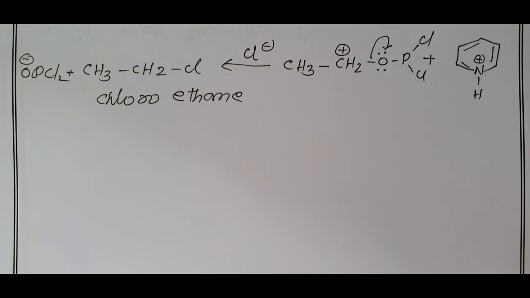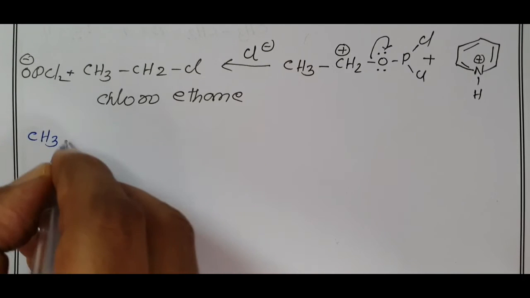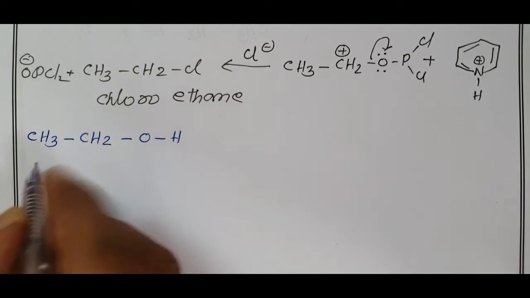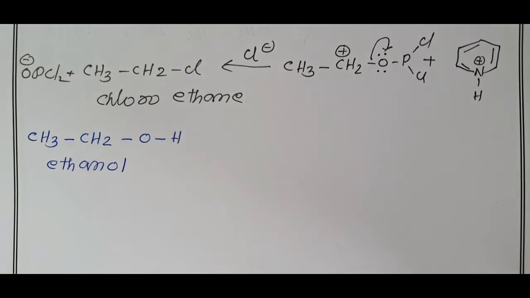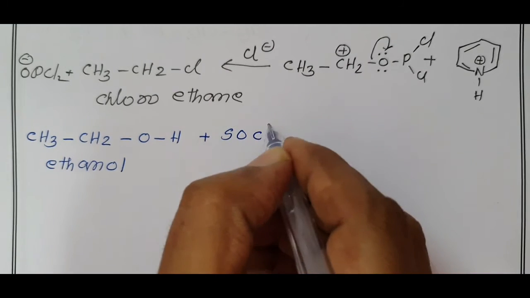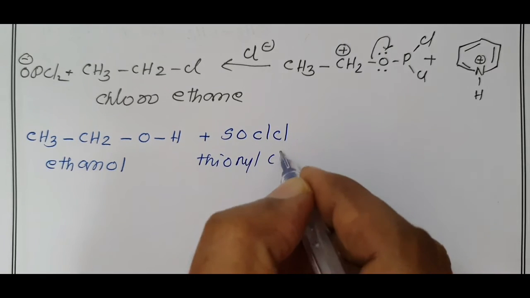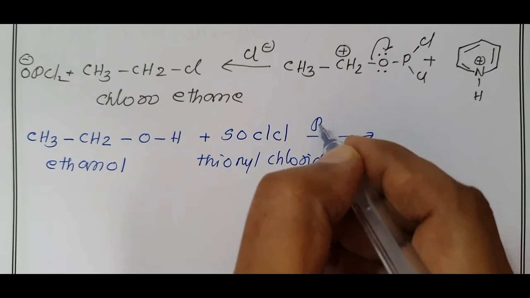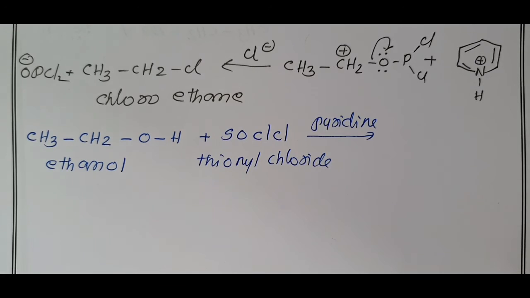One more reaction. Ethyl alcohol, a primary alcohol, CH3CH2OH, OH is attached to CH2. Two carbon, ethane, carbon-carbon single bond, OH. When treated with SOCl2, thionyl chloride, in the presence of pyridine, a Lewis base used to remove an acid, what happens?